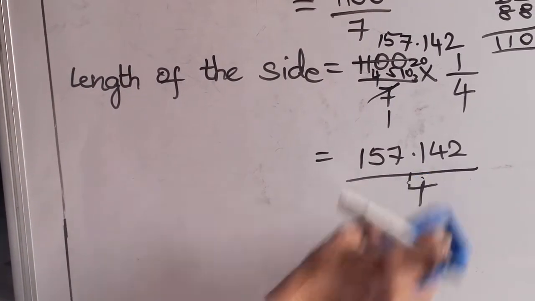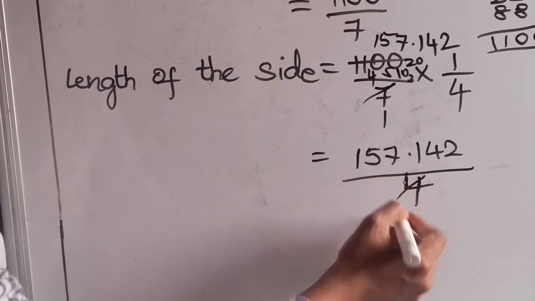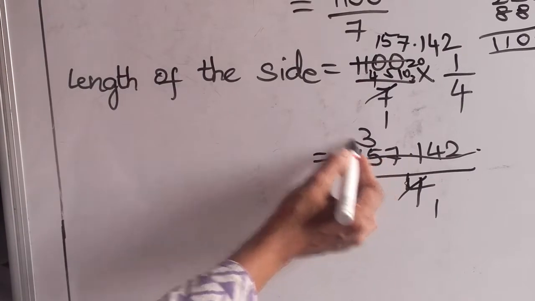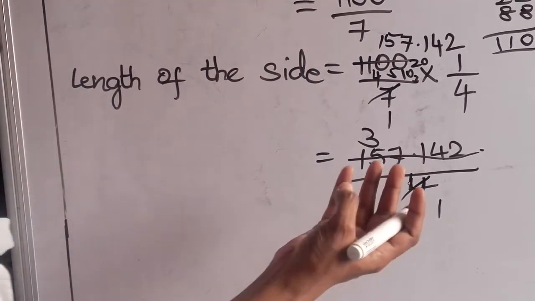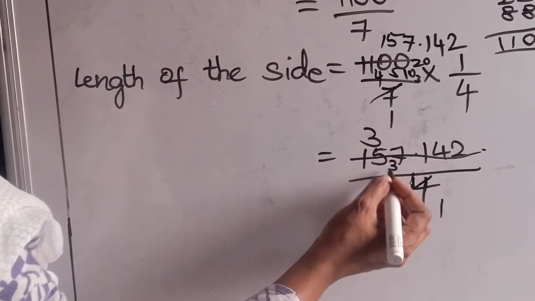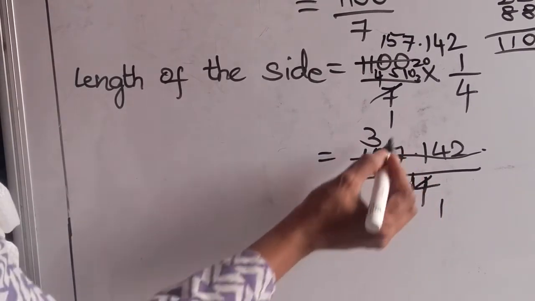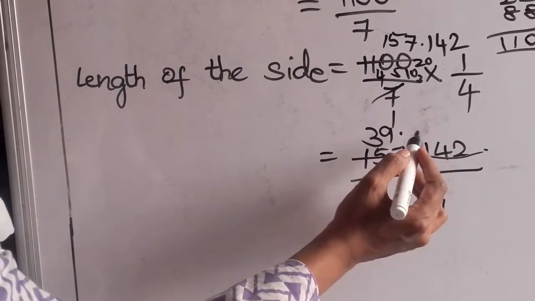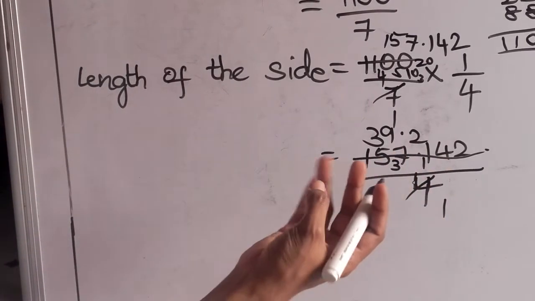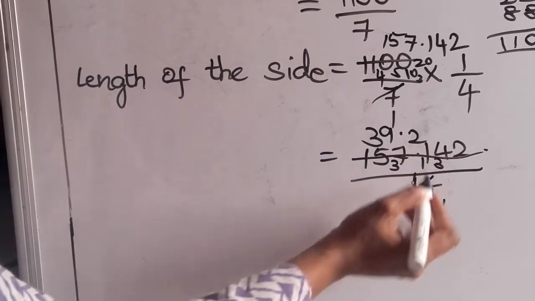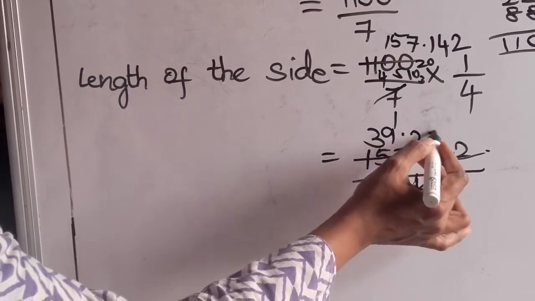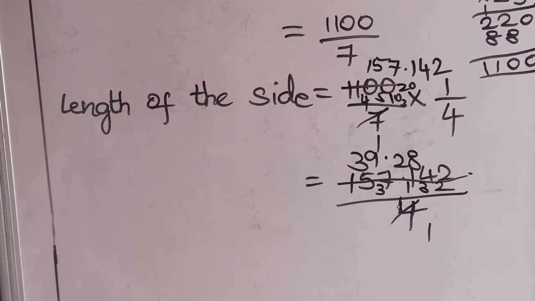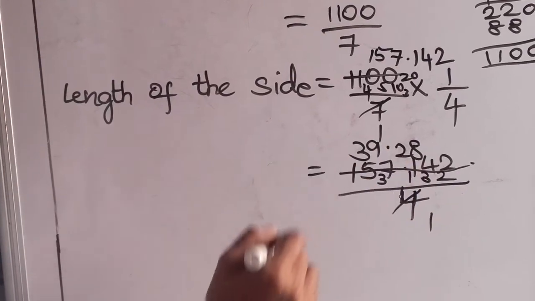Now let's cancel. 4 ones are 4. 4 4s are 16. 4 3s are 12. 12, 13, 14, 15. 3 is the remainder, 37. 4 9s are 36. 1 is the remainder. 4 2s are 8. 8, 9, 10, 11. 3 is the remainder. 34 is there. 4 8s are 32. 2 is the remainder. 4 6s are 24 is becoming more.